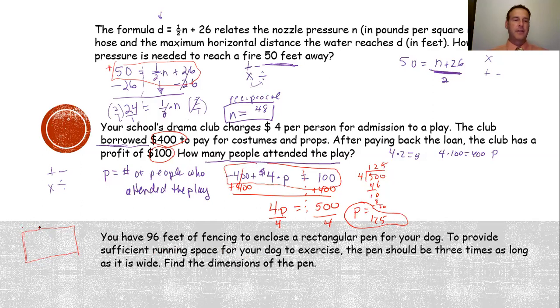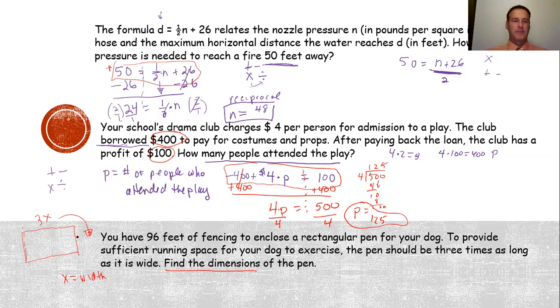So this length has to be 3 times this length. Find the dimensions of the pen. This is my last problem, and we can do this. I don't know the dimensions, so here's what I'm going to do. I'm just going to call x equal to the width.